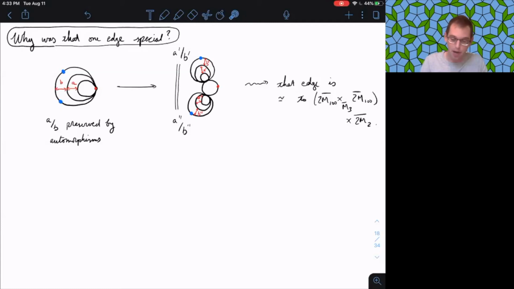I'm calling it A prime over B prime and A double prime over B double prime. But the fact that they were produced via the same limiting family of elements in the interior means that A prime over B prime equals A double prime over B double prime. And so that's why there's this constraint that we have to enforce among these 2 bubbles.